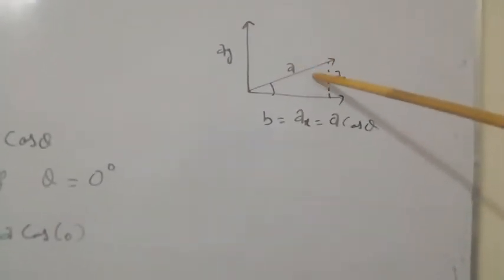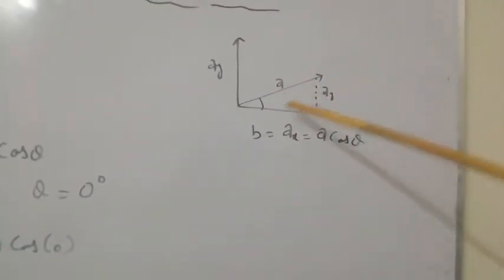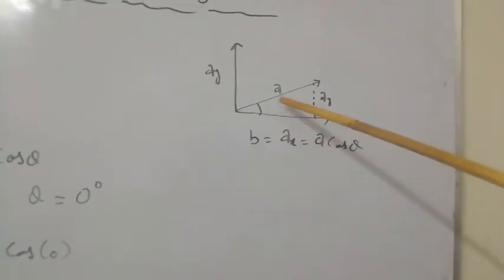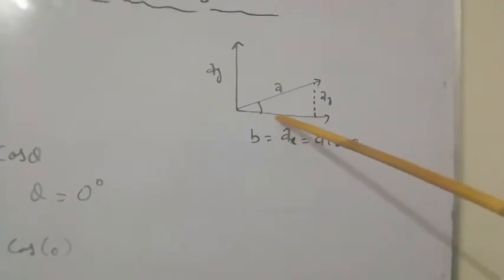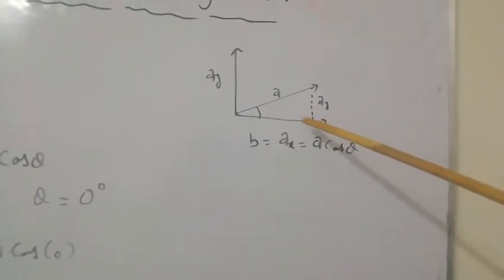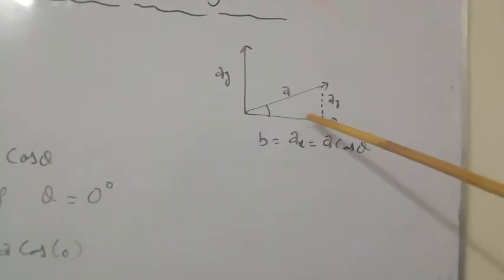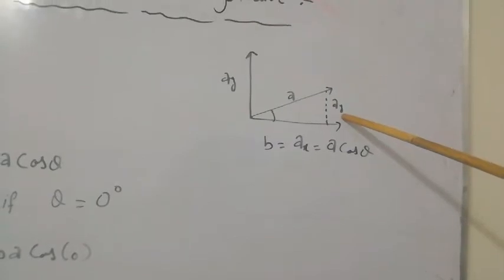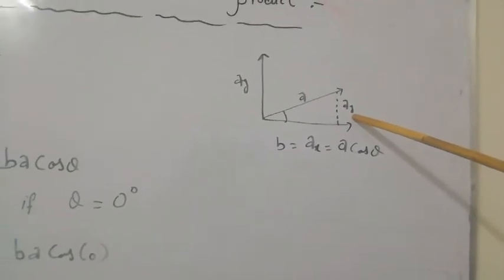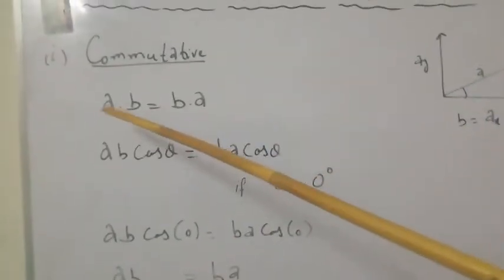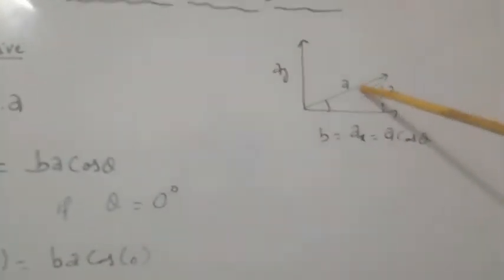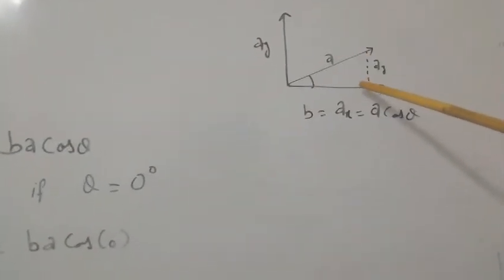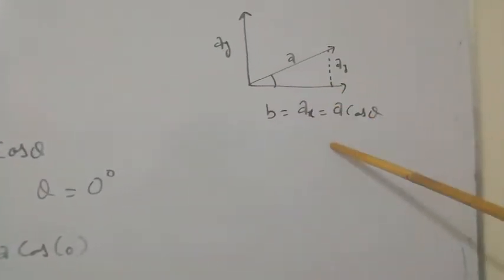Here, when two vectors to be multiplied are A and B, then the projection of A on B will be this one, A cos theta, and its y component is AY. When we multiply two vectors in this manner, A dot B, we write it as A dot B is equal to AB cos theta.